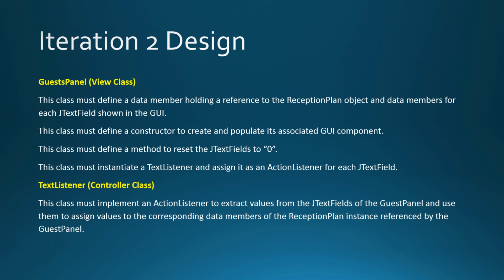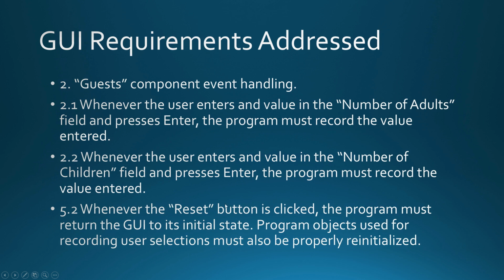So it actually has to query a member of the guest panel class, and then it has to use that value to assign the corresponding member of reception plan, which is the model. So the controller accesses both its associated view and its associated model to get its work done.